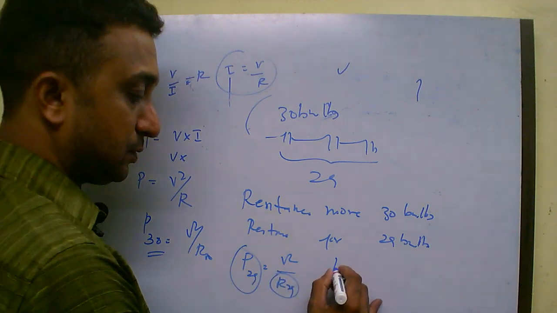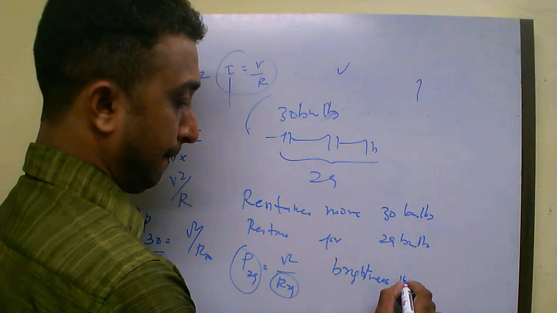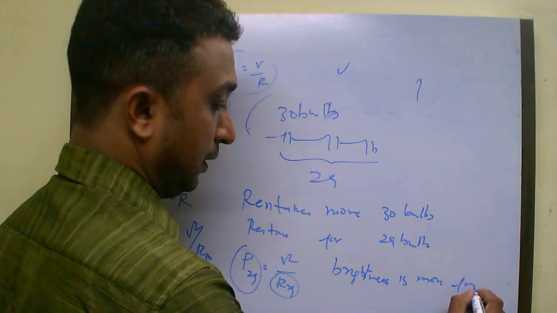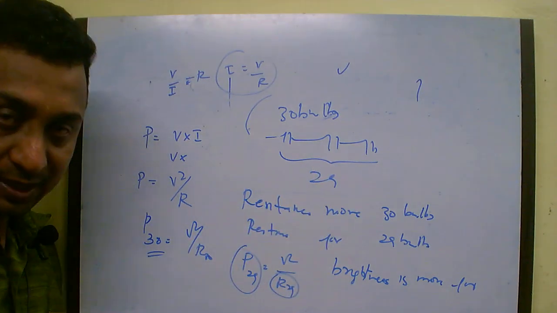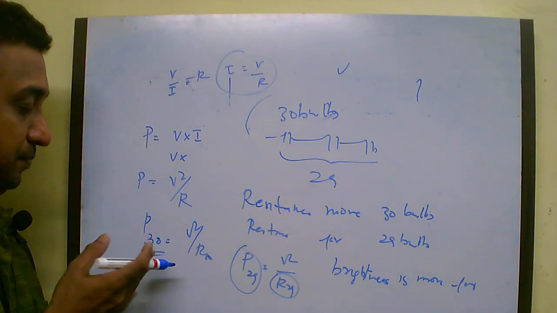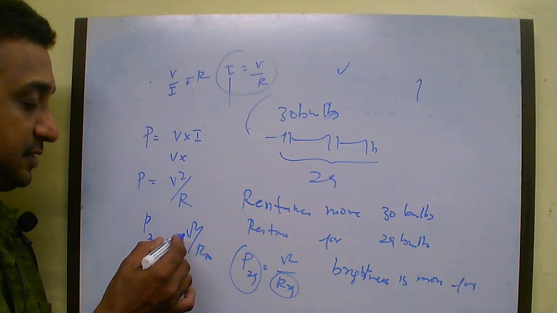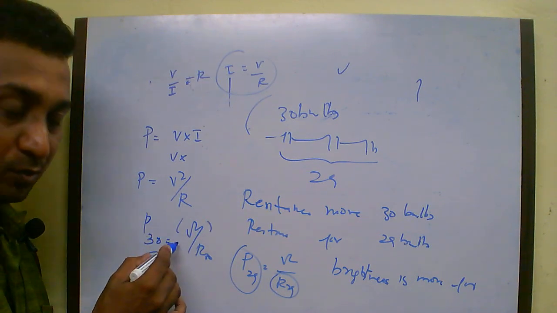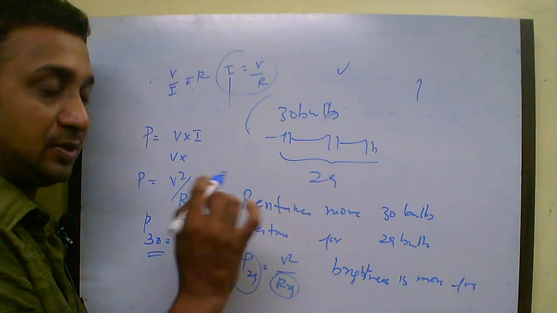So brightness is more for the 29 bulbs connected in series compared to the 30 bulbs connected in series, because the resistance decreases, so the power increases. Why I have taken this relation is because the potential applied remains the same whether it is 30 bulbs or 29 bulbs.